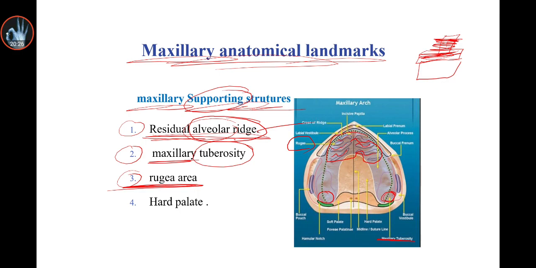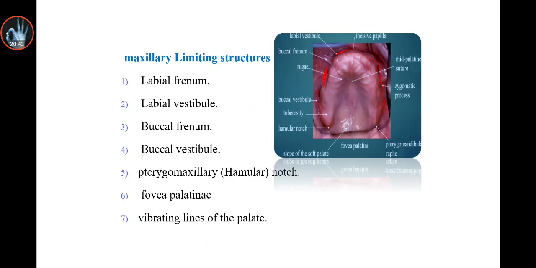The anterior one-third of the hard palate, the first third of the hard palate. And we also have the hard palate. The whole hard palate is also a supporting structure. We have the maxillary limiting structures. We have the labial.